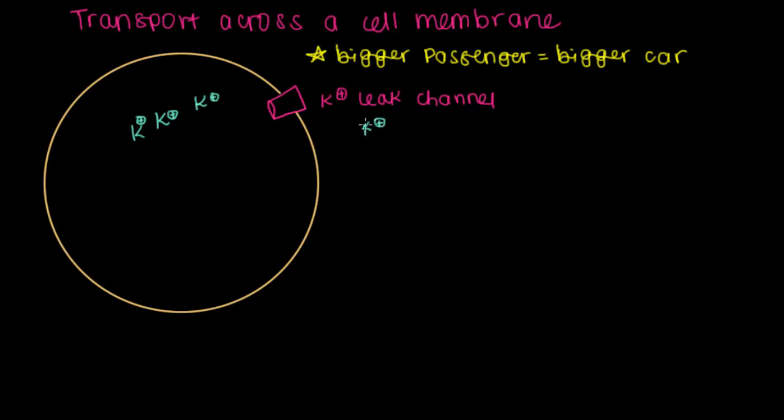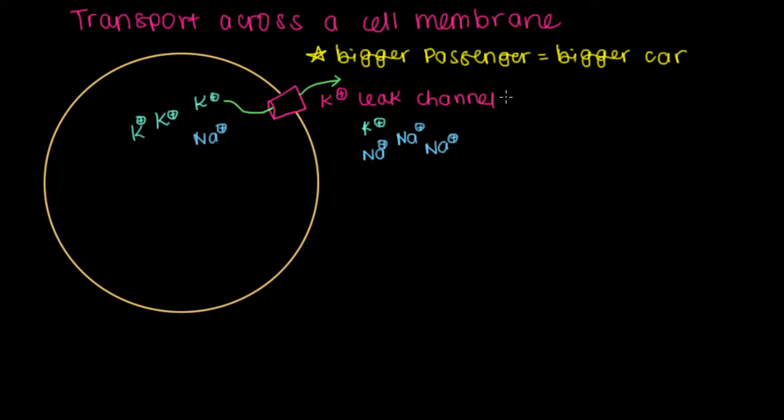And this is the exact opposite of what we see with sodium. For sodium, there's a ton of sodium ions that hang out outside of the cell, so they have a large concentration here, and there's a smaller portion of them located inside of the cell. So when there's an open channel or an open gate present, potassium naturally wants to flow down its concentration gradient to go outside of the cell.